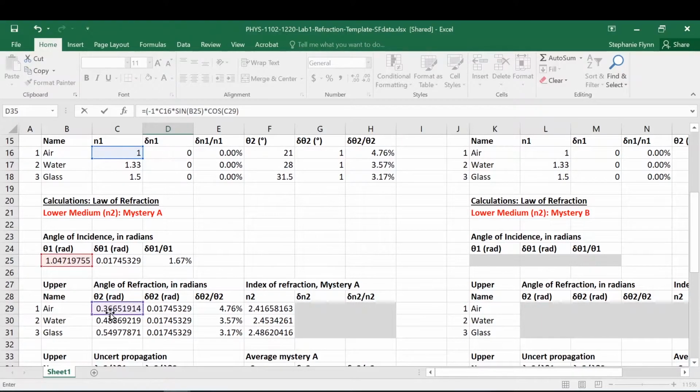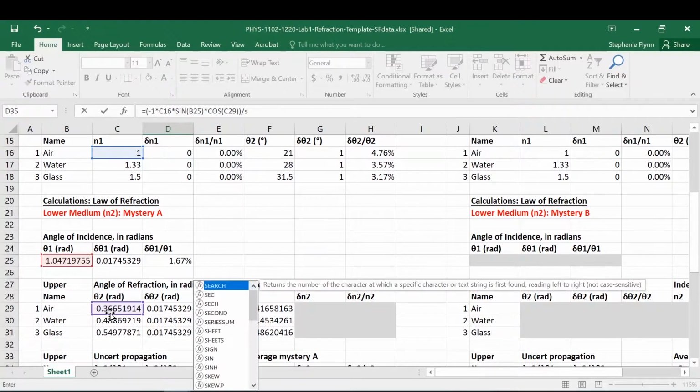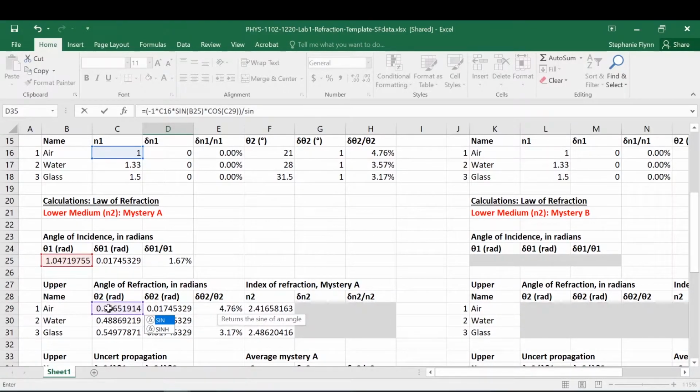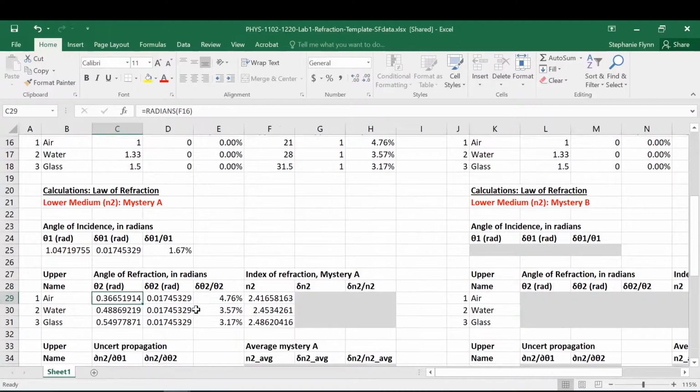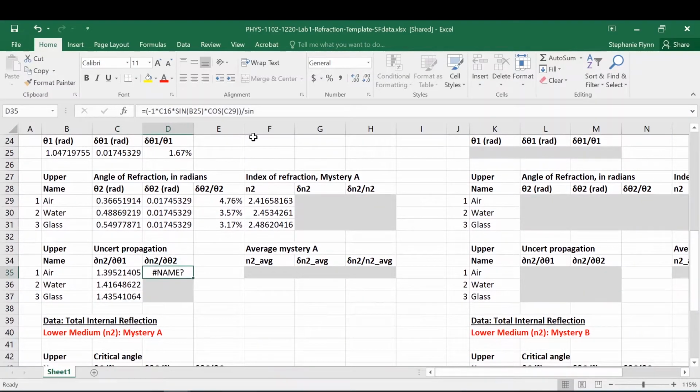And I want to close that bracket, and then that was divided by the sine of theta 2, which is also here. Again, oopsie, what just happened? Exited out. Okay, back to it. We have sine of theta 2 in radians, which is right here, and then that one was all squared.